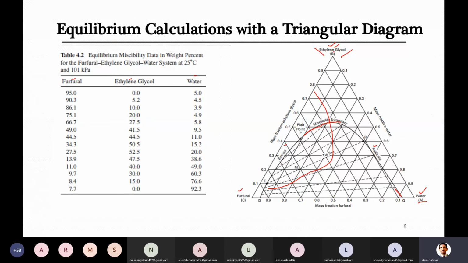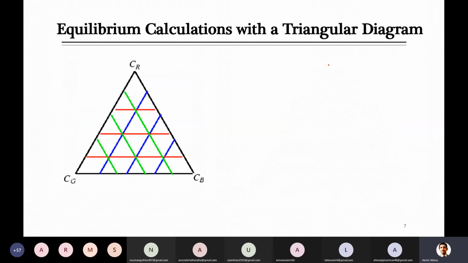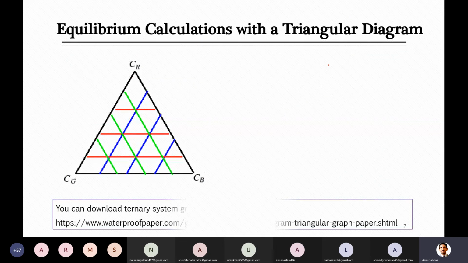But if you don't put the solute at the top, the curve will face toward wherever you put it. So just remember, when you draw, put the solute at the top.